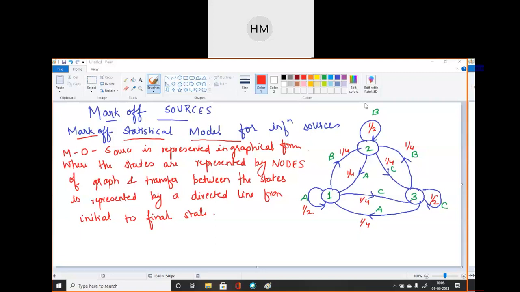Then how is it defined? It is defined as: Markov source is represented in graphical form. You can write it down in your copy, then I will explain.